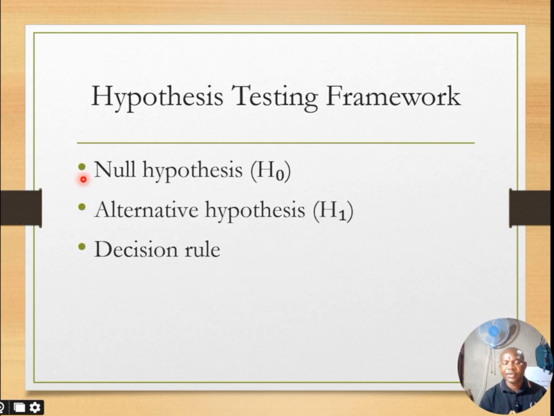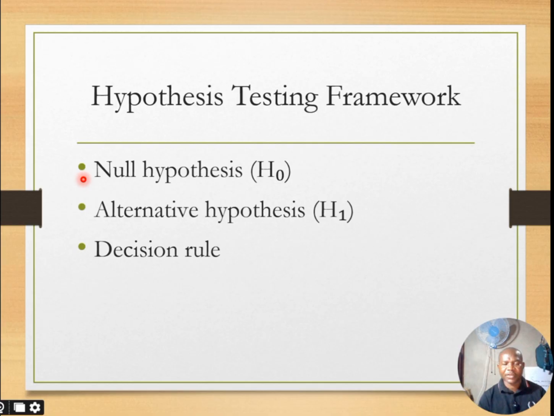So usually when we do statistical tests, a statistical test is a component of hypothesis testing. When we apply any of the t-tests we have mentioned, it is just a step in our hypothesis testing. So we must understand what hypothesis testing is all about.